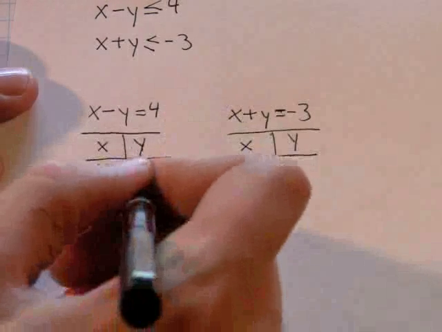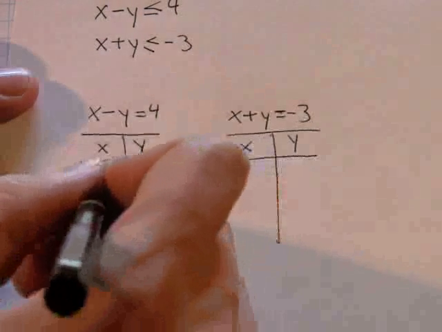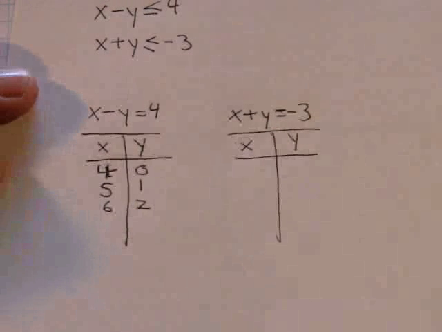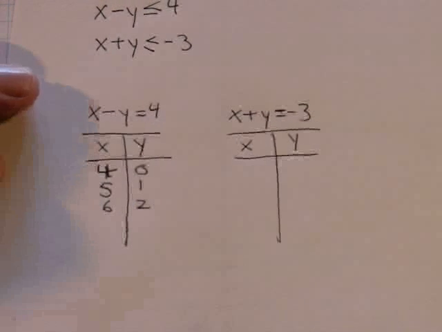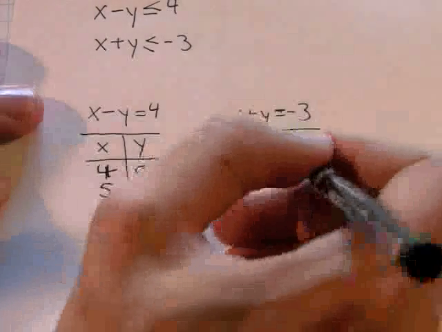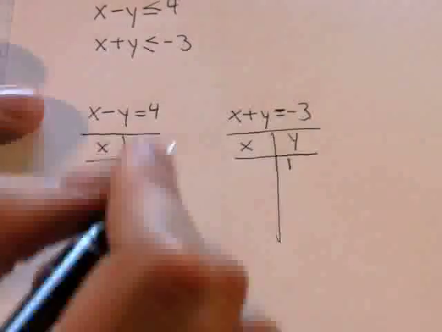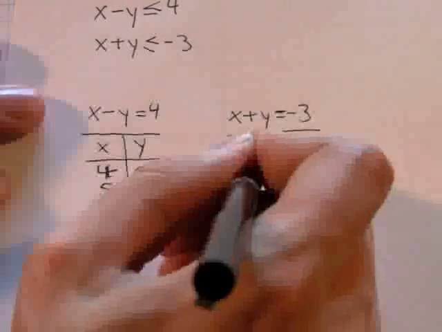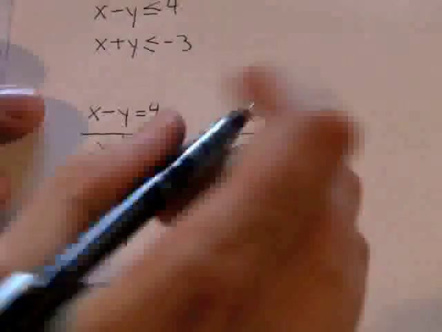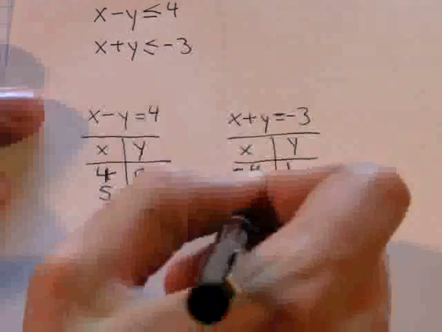Let's say this is 1, this would have to be 5, this is 2, and this would be 6. For this one, we know that when y is 1, this would have to be -4. If this is 2, this is -5, and so on.